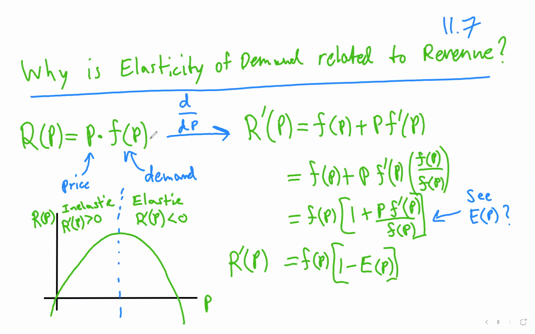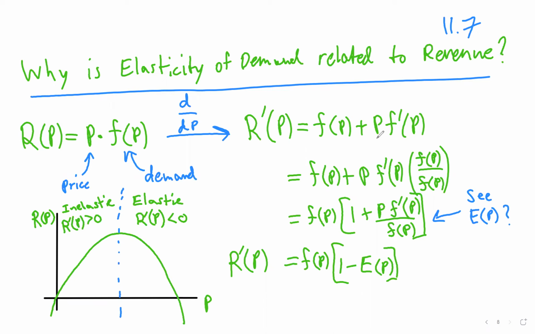And we can take the derivative of the revenue using the product rule on price and demand. Since we're taking the derivative with respect to p, the first term's derivative is dp over dp, which is just 1, multiplied by the whole second term, f of p. So this would be the first term in the derivative.